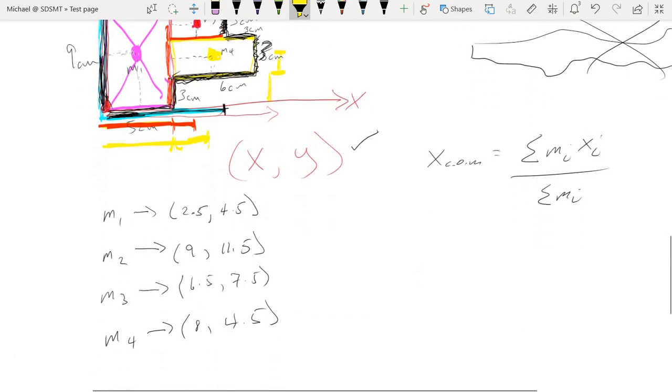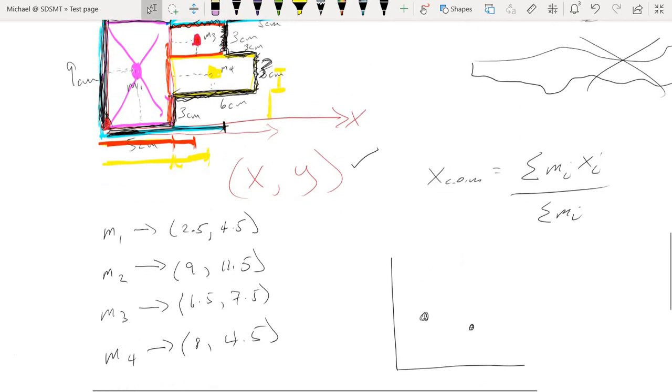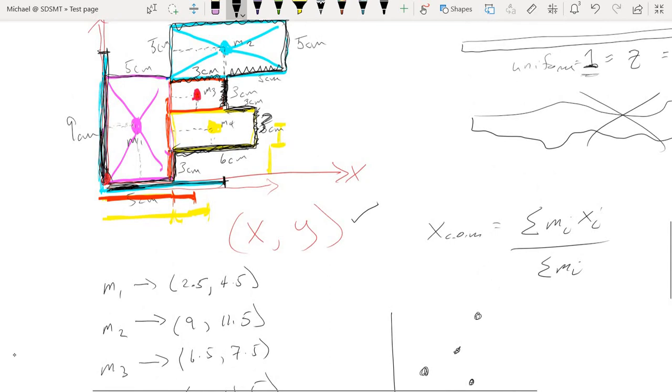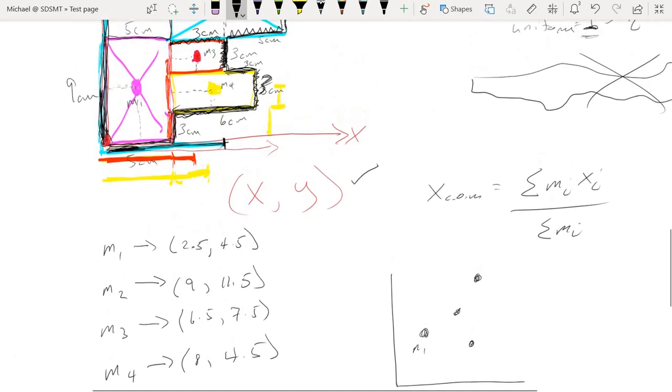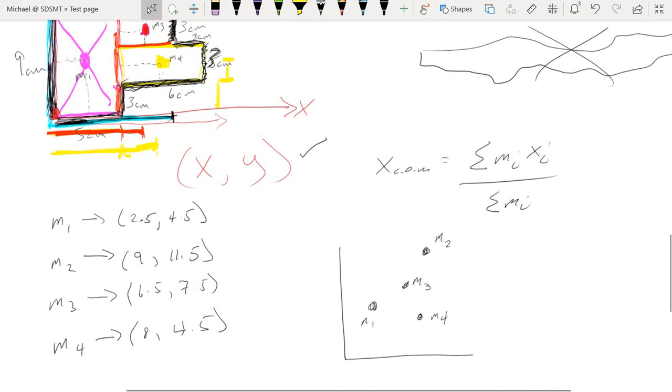Mass 4, it's all been concentrated into that point. So we've gone from an asymmetric system to a system with 4 equivalent particles in it. And this is where we get the idea behind center of mass. We want to use the idea of the center of mass as a substitute.